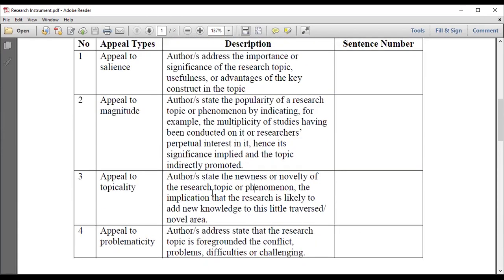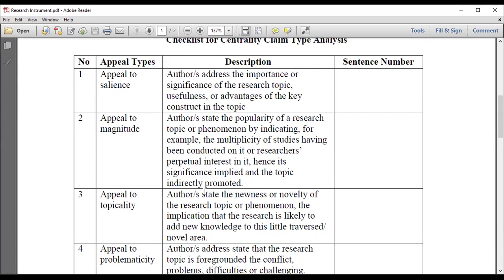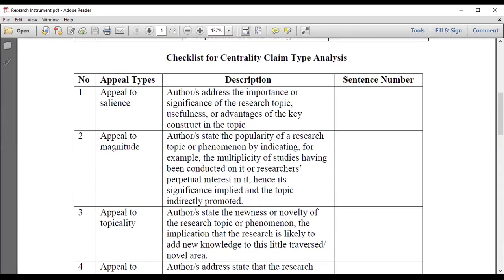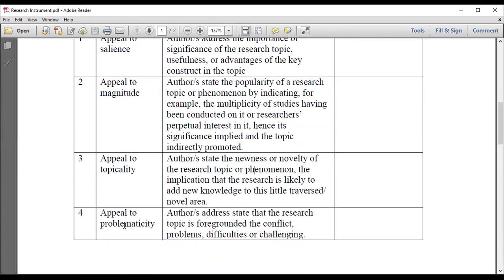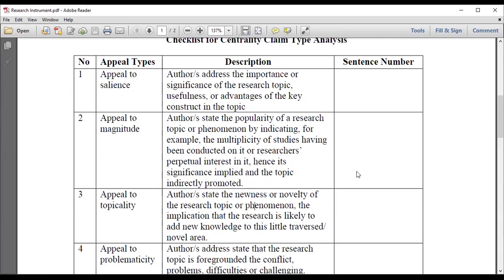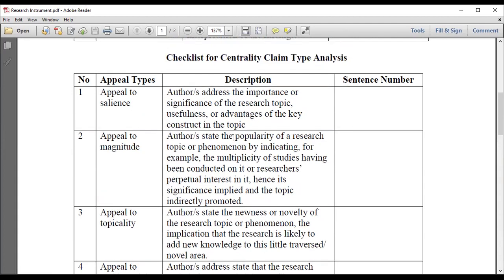Again, most probably you can find only one of these four types: either appeal to salience, appeal to magnitude, appeal to topicality, or appeal to problematicity. Not more than one in the abstract. Maybe the authors do not mention this in the abstract. They may mention this in the introduction.